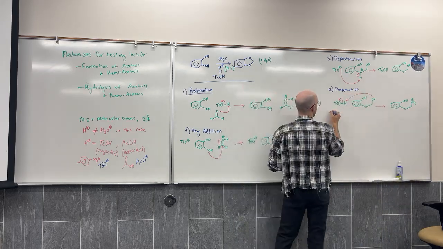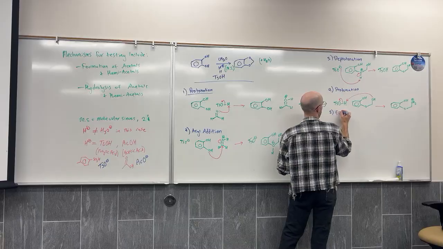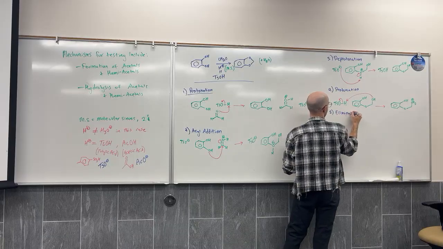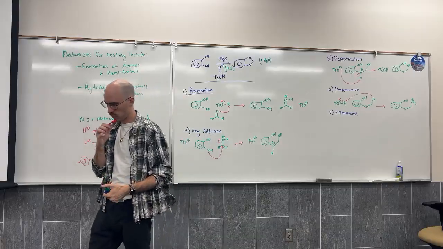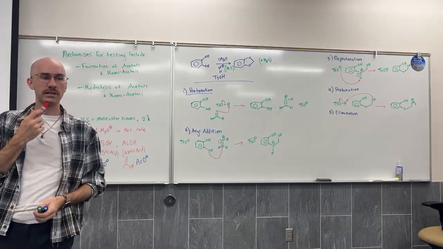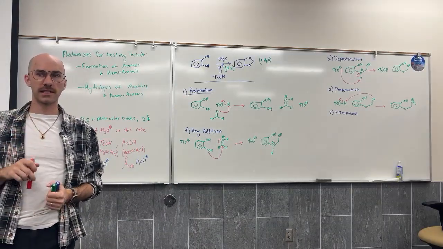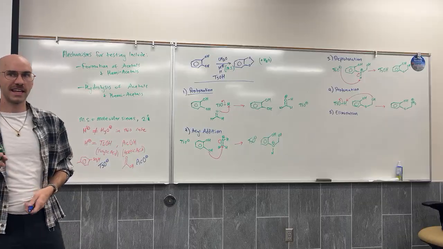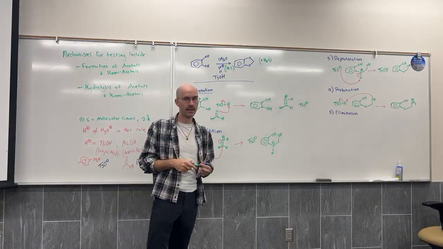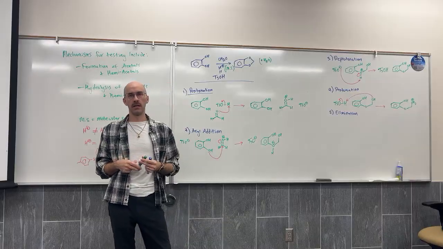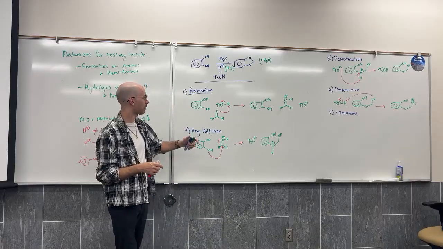That creates a good leaving group. What is typically predicted to happen here is that the leaving group leaves on its own, similar to SN1. But carbocations should be avoided if they can be avoided.